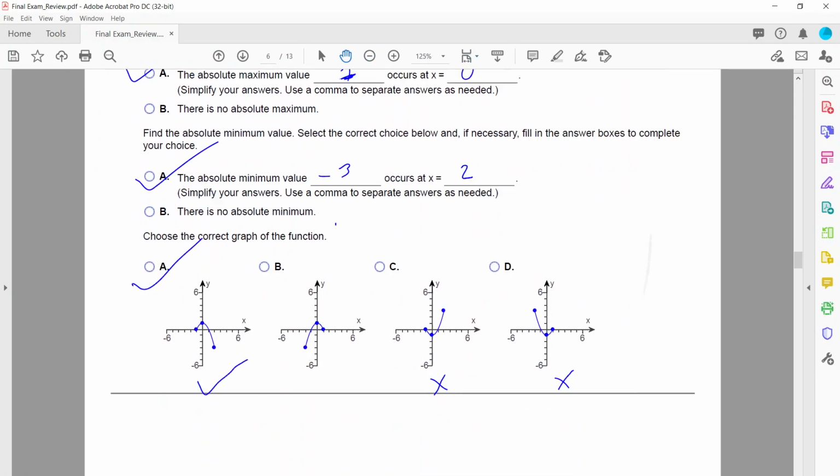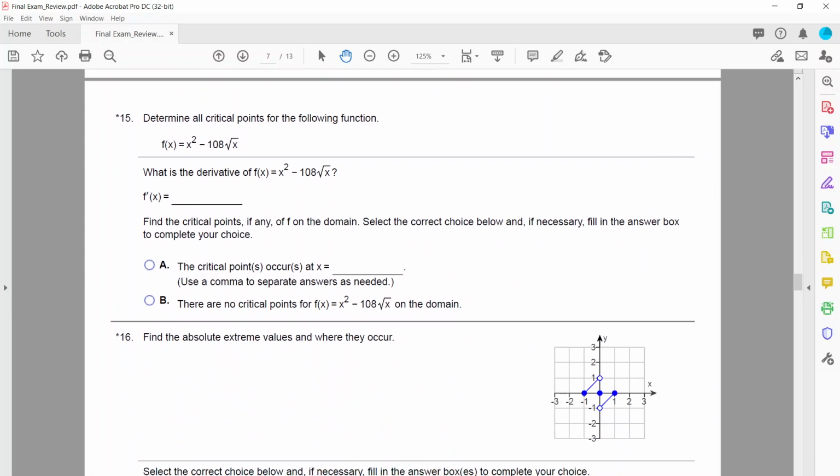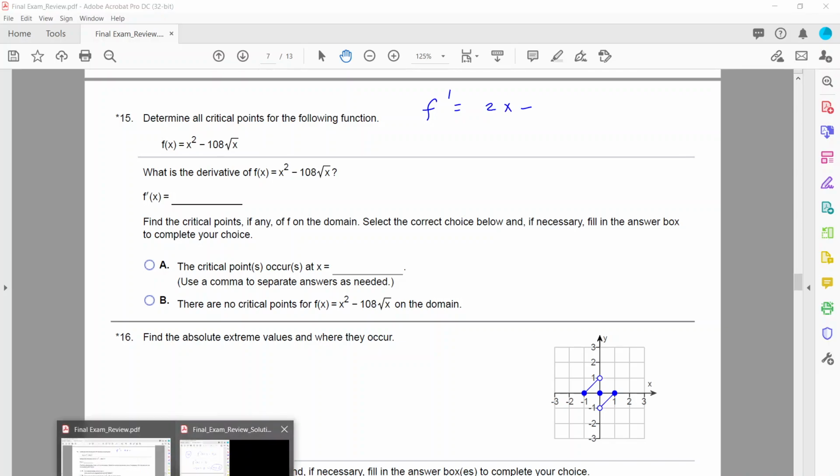Okay, so that's problem 14. For finding the critical points of this function in problem 15, you find the derivative of this function. The derivative is 2x minus 108 times the derivative of the square root of x, which is x to the power half.